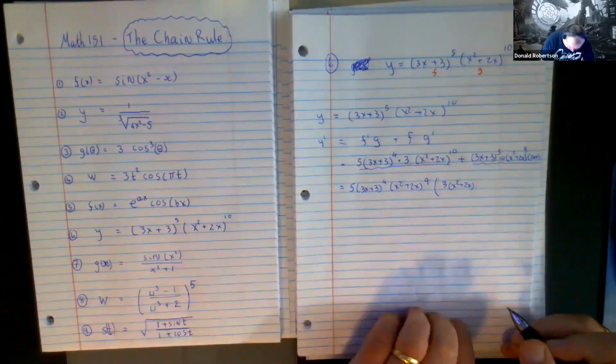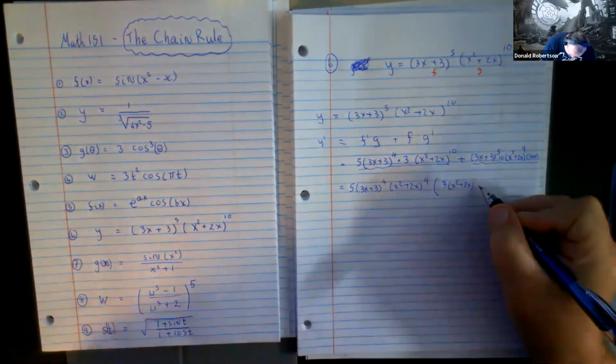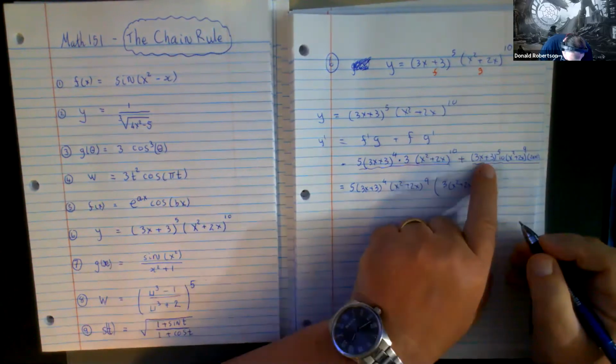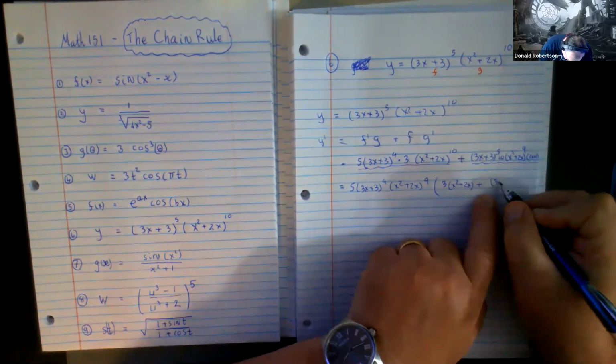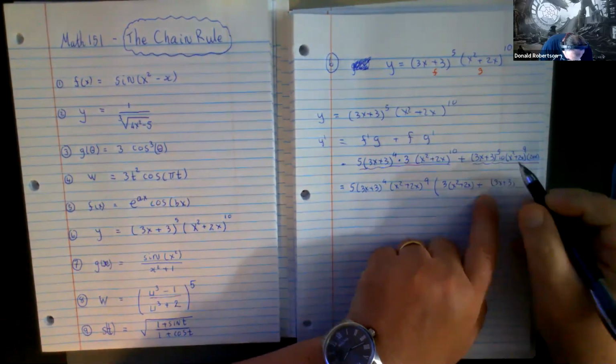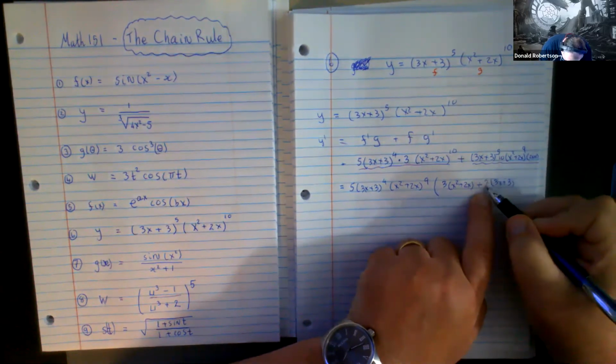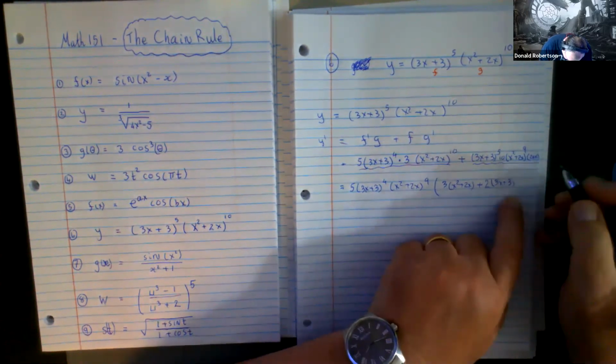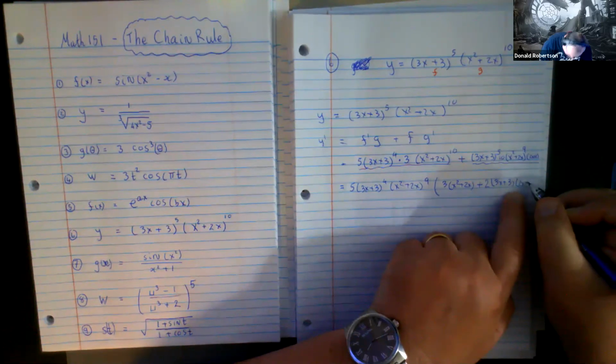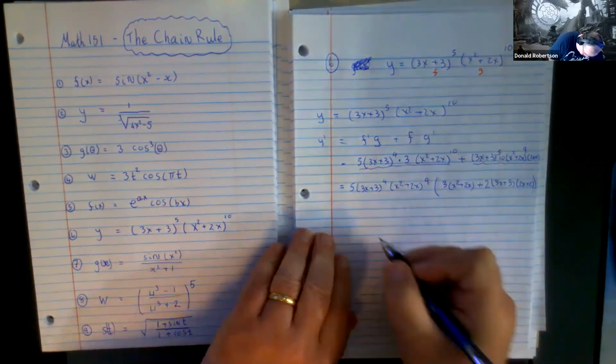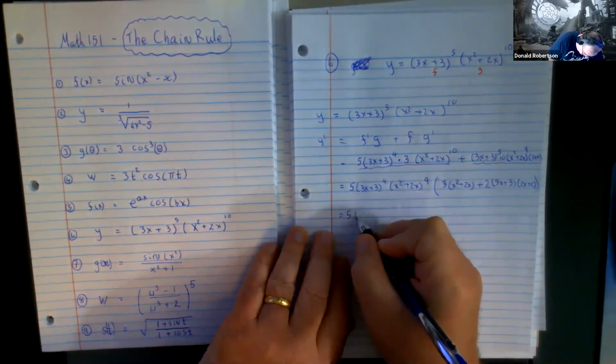Agreed. Plus, not used up, one of them at least. 10, that's 2 of them, not used, all used up. And a 2x plus 2. So I have 5 lots of this guy.